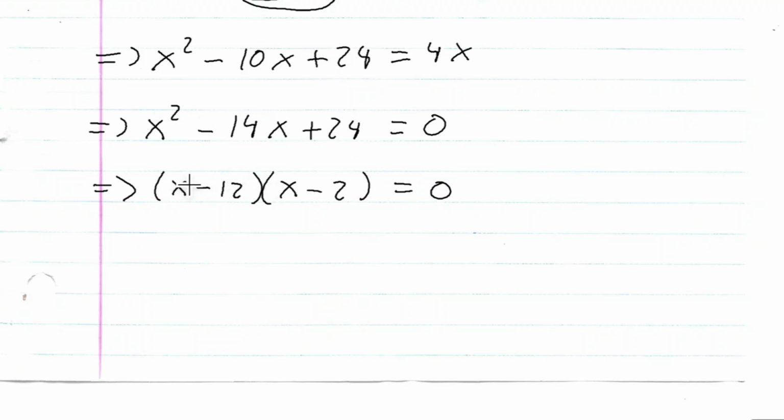Because x squared, x times negative 2 is negative 2x. Negative 12 times x is negative 12x. Negative 12x minus 2x is negative 14x. And then negative 12 times negative 2 is positive 24. So this is the same thing as this.